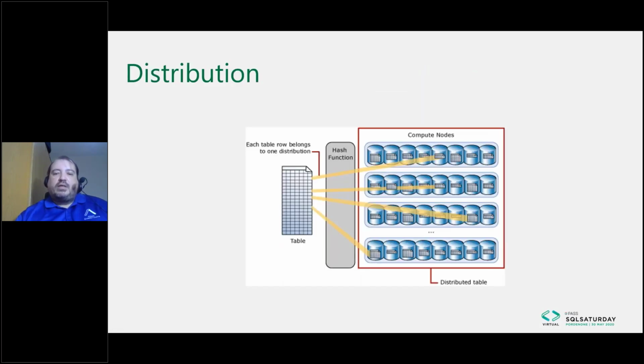Okay, this is an example of the distribution. Our table will be distributed among compute nodes. And this distribution is made according to some kind of calculation over the table. It's a distribution function which makes this calculation.